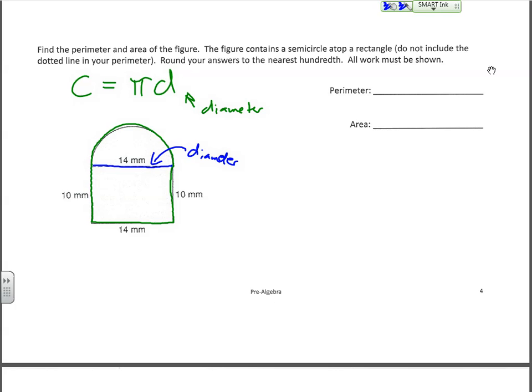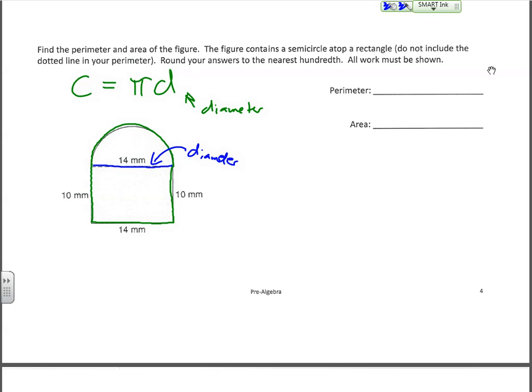Do we want the circumference of a whole circle here? No. We want the circumference of half a circle. So when you multiply pi times the diameter, what are you going to do with that value to get the circumference of the half circle that we have here? Come on. Divide by 2.